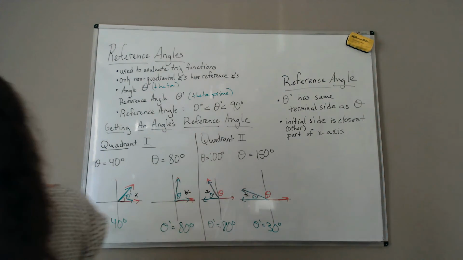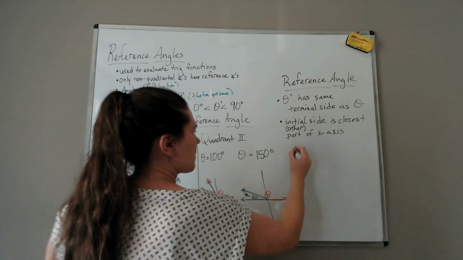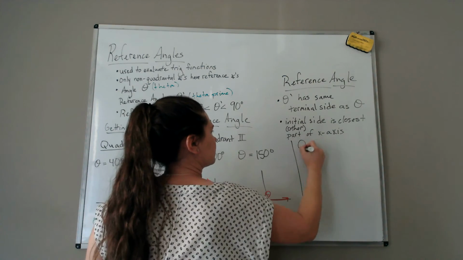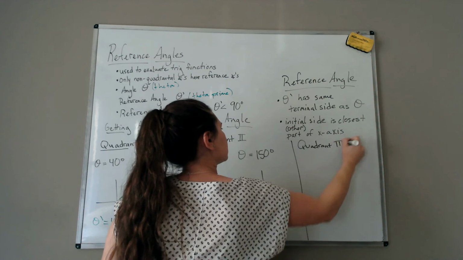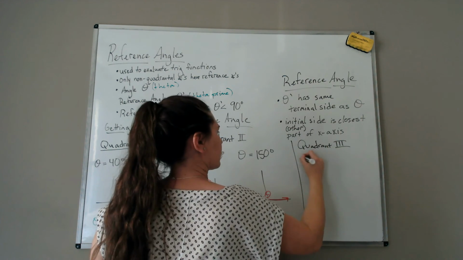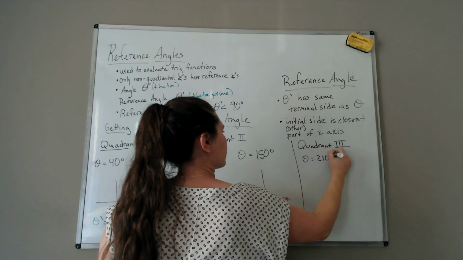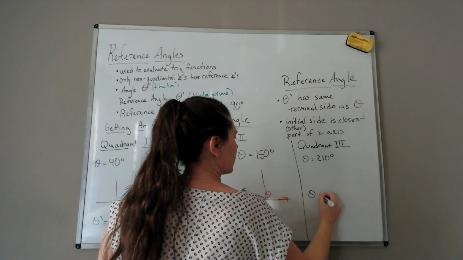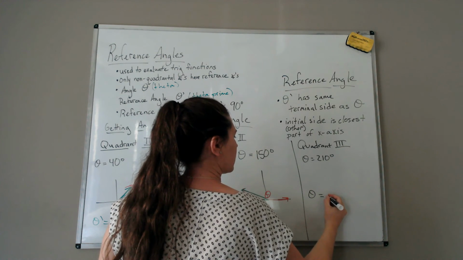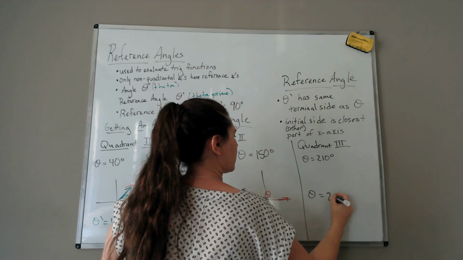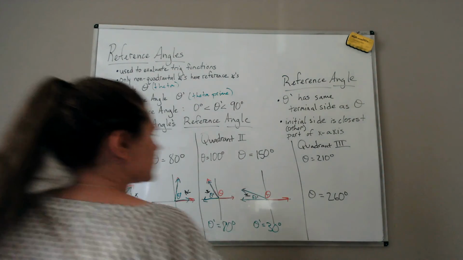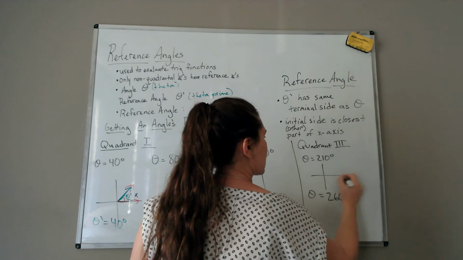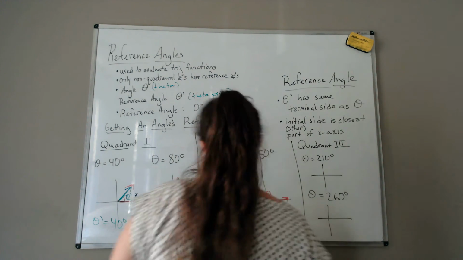Now let's look at quadrant 3. Okay, theta equals 210 degrees, and theta equals 260 degrees.